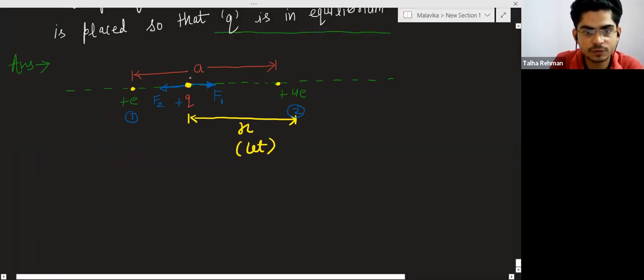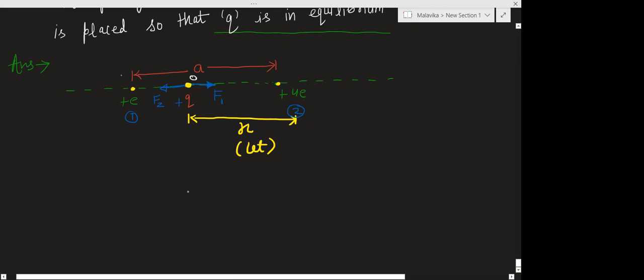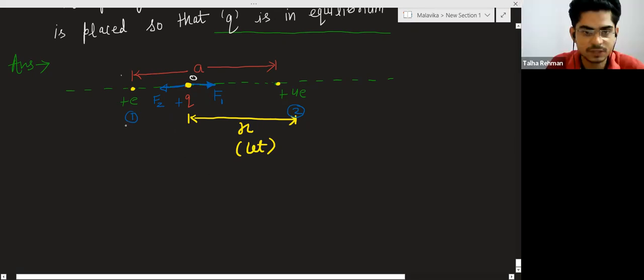Suppose this is a point O. Please tell me, what is the distance between O and this charge E? This whole distance is A and this is x. So A minus x. Very good. So this distance is A minus x.